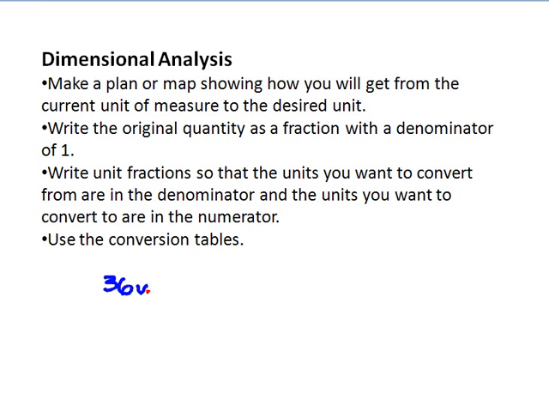Okay, let's say 36 inches, and we put it over 1. Now we know that 1 foot equals 12 inches, right? So now our inches and our inches cancel out, and we end up with feet.